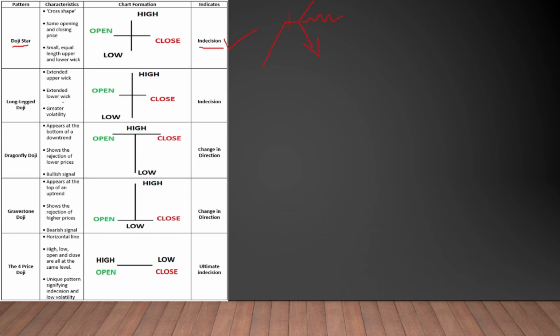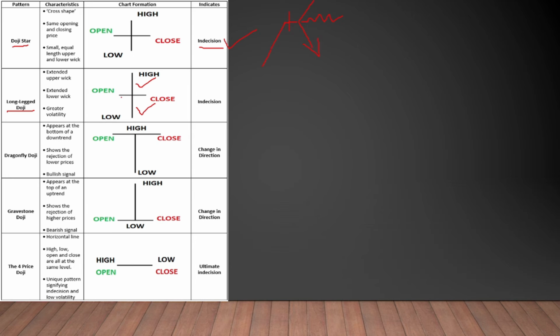Now let us try to understand another doji candle, which is the long-legged doji. So friends, it has a long upper shadow and lower shadow. This indicates greater volatility in the market. Correct, friends? When the length of the candle is high, that indicates more volatility has happened in the market, right?